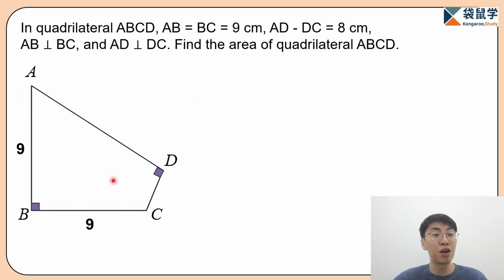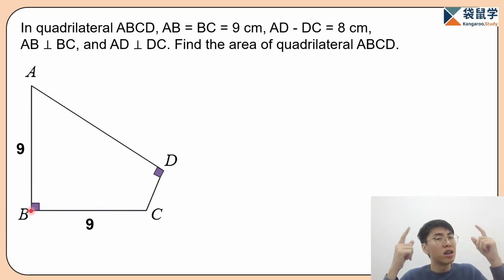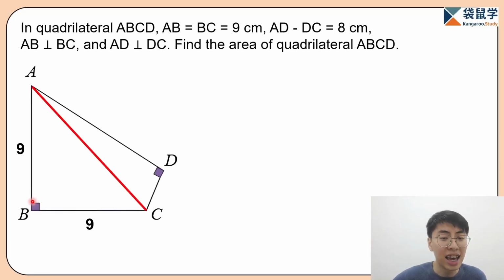I can either split from A to C or from B to D. But which way do we want to split it? Some of you might be thinking, since the question already gives me two 90-degree angles, we'll want to make use of them and form our right angle triangles, which gives us the line AC over here.